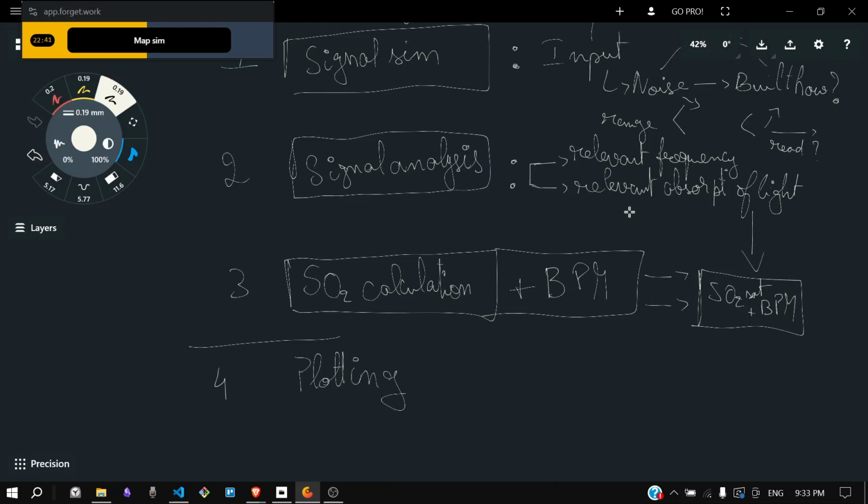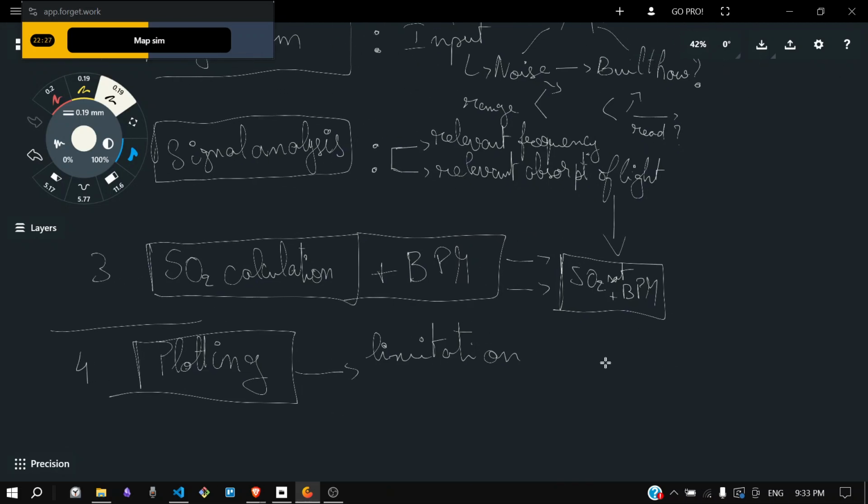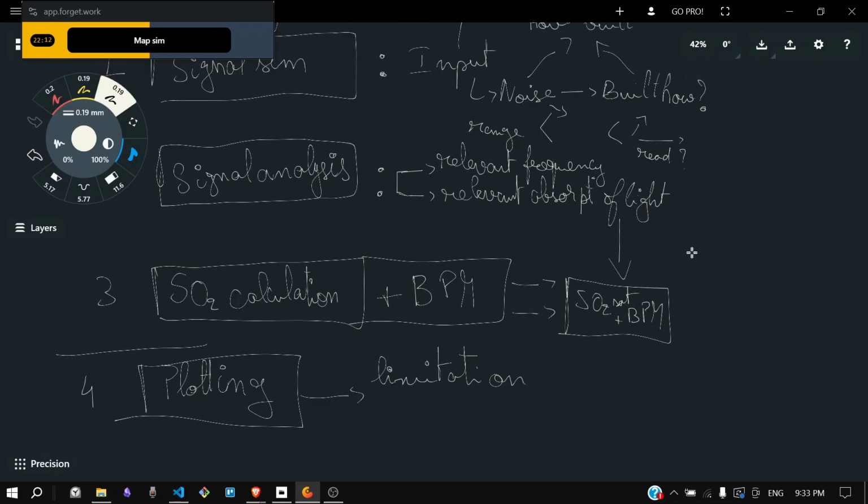And we need to understand the limitations. Oh, and here we also need to identify. So basically the main goal everywhere is always going to be identifying.